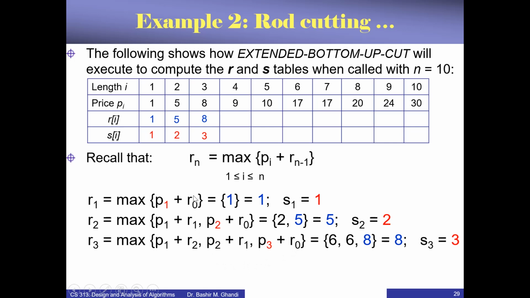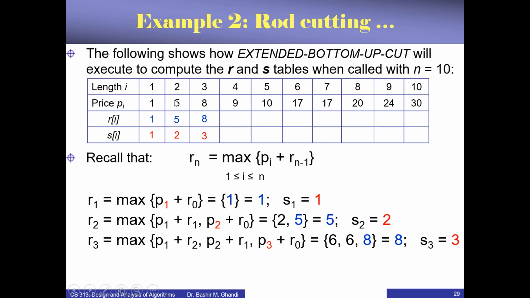And again, we can compute these values directly from the table. P1 obviously is 1, and R2, we just computed it earlier, it is 5. So that will give us 6. 1 plus 5 is 6.